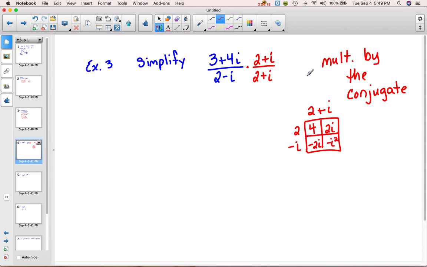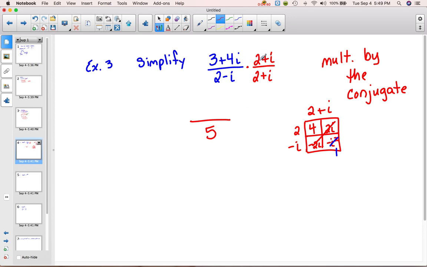But remember, i squared is -1, so this actually becomes a +1. So these cancel out, and I'm going to have a 5 in the denominator. So that's what we'll end up with, and now we no longer have an imaginary term in the denominator.